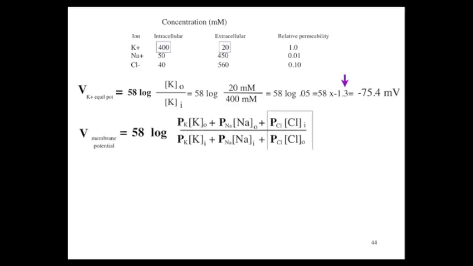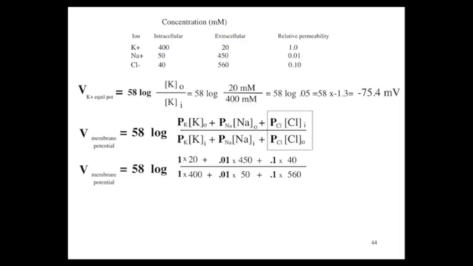So now let's actually calculate the membrane potential. Remember, the membrane potential is given by the Goldman-Hodgkin-Katz equation, which simply takes each of the equilibrium potentials for each of the ions and weights them by their relative permeabilities. So let's see how this is done. It's not hard. So the membrane potential is equal to 58 times the log of the concentration of potassium in the extracellular fluid. We got that before. It's 20 millimolar divided by the concentration of potassium in the intracellular fluid, which is 400 millimolar.